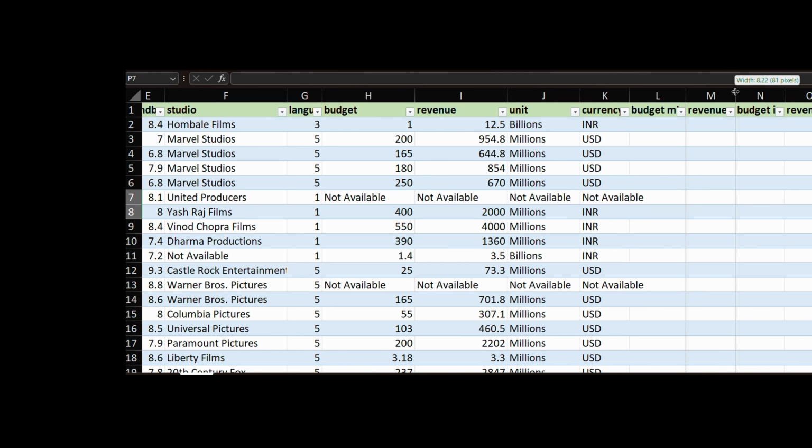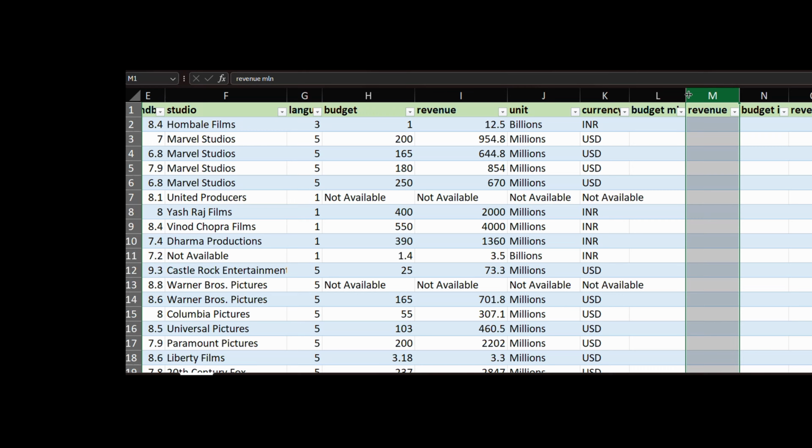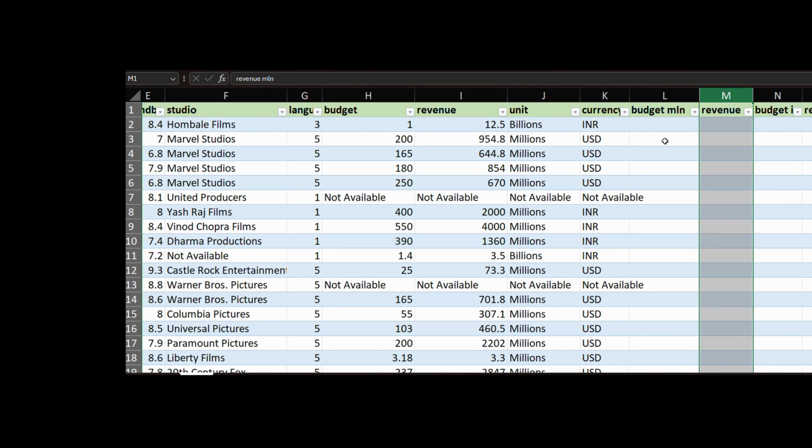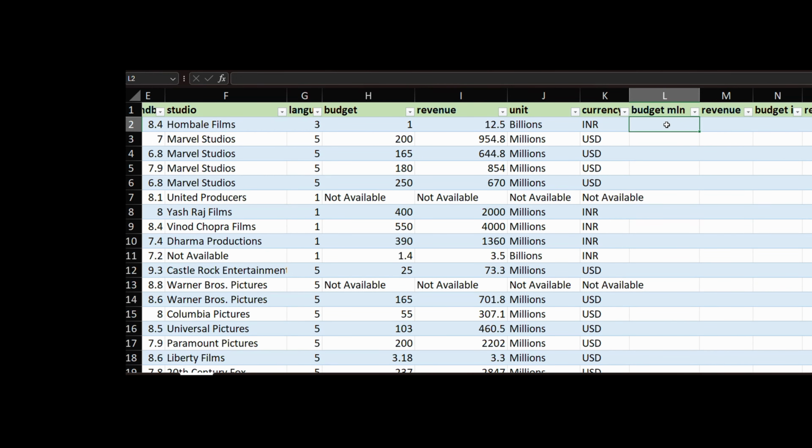So how do I create the budget in million? For that you have to use the IF formula.